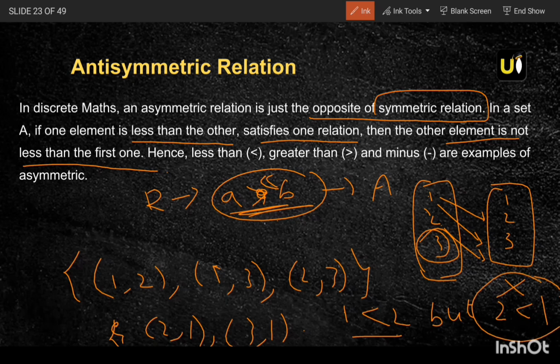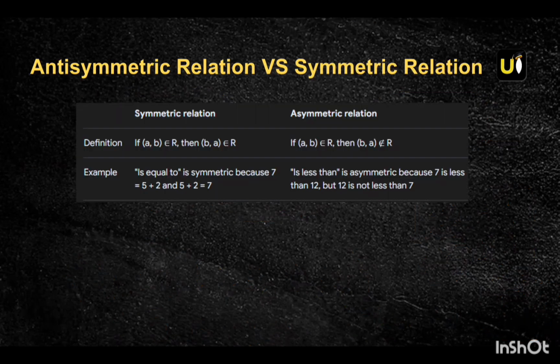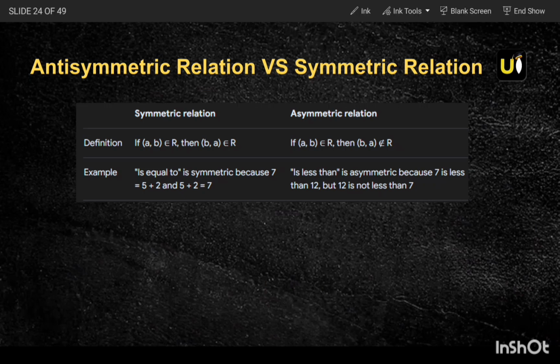So if (1,2) is a relation, then (2,1) cannot be a relation. Similar way for greater than and similar way for minus. So this is an antisymmetric relation. In a symmetric relation, if (1,2) is present, (2,1) must be present, but in antisymmetric, it should not be there. Okay. Next. So here is the difference between symmetric and antisymmetric relations.